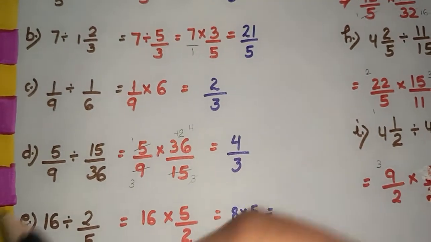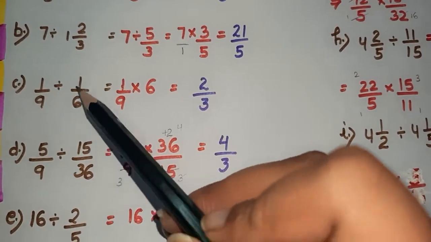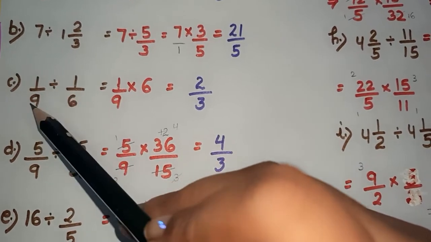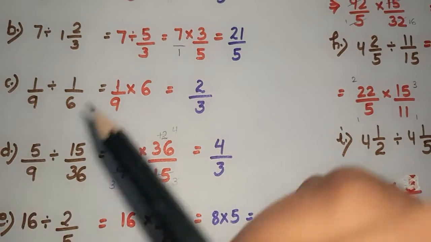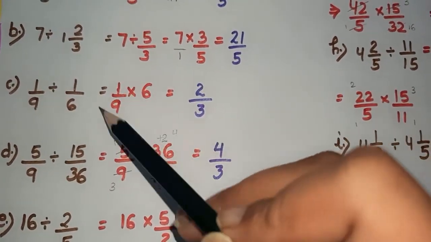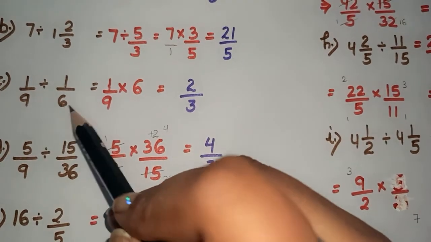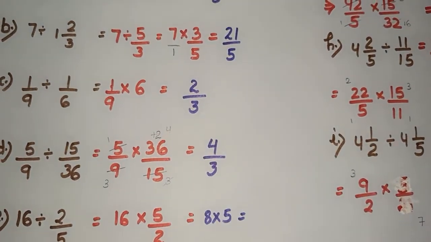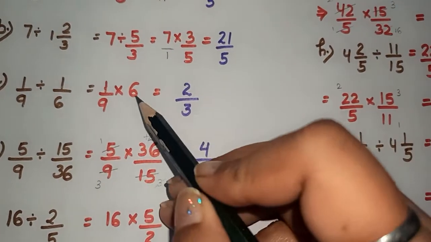Now C part, see 1 upon 9 and the second fraction is 1 upon 6. It means I am going to divide this fraction by this fraction. Now see, the first fraction we will write down as it is, use a multiplication sign and reciprocate the second. Just write down its reciprocal, 6.